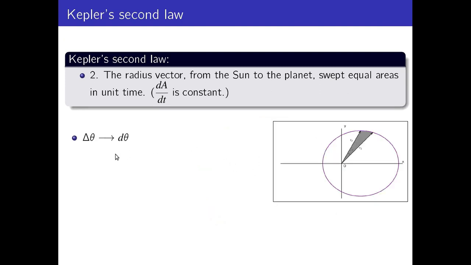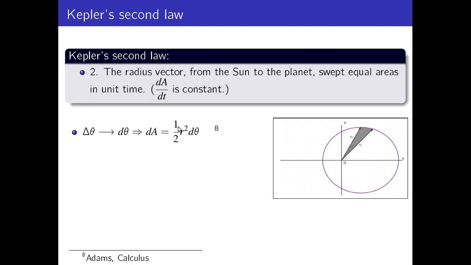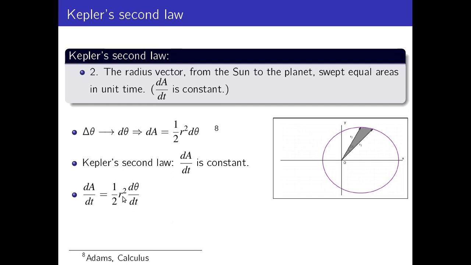If we consider the limit that delta theta goes to d theta, then dA can be written as 1 over 2 r squared d theta, which can be obtained by integrating dA equals r dr d theta over r. We need to show that dA over dt is constant according to Kepler's second law. Then we can write dA over dt as 1 over 2 r squared d theta over dt. This is theta dot, and we know that it is equal to L over mu r squared.